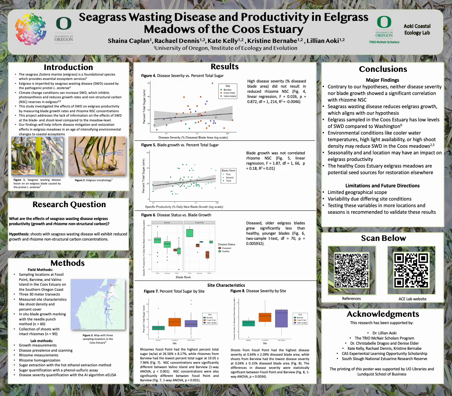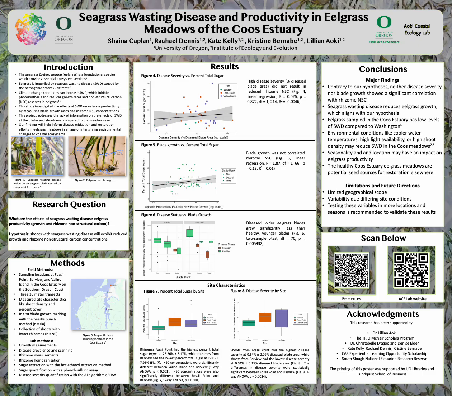Also, in Figure 5, we can see that blade growth was also not correlated with rhizome sugar concentrations. Blade growth was measured as specific productivity, which is the percentage of daily new blade area, and is expressed as a logarithmic scale in this graph.